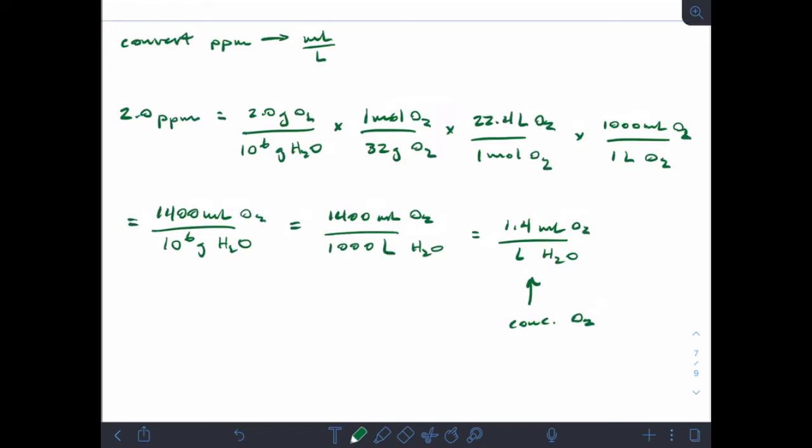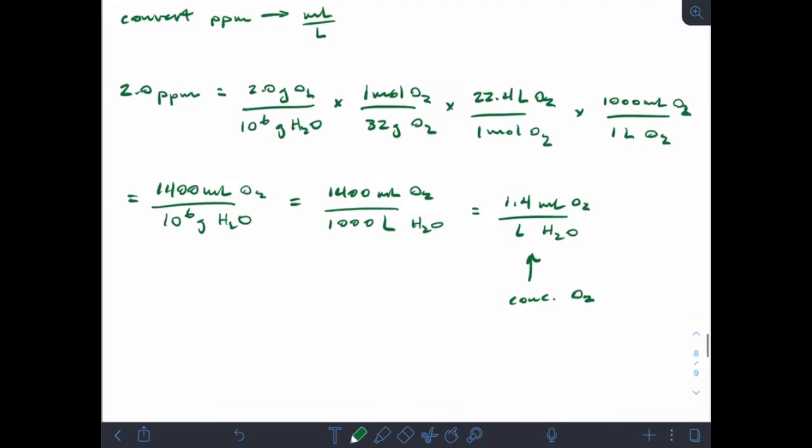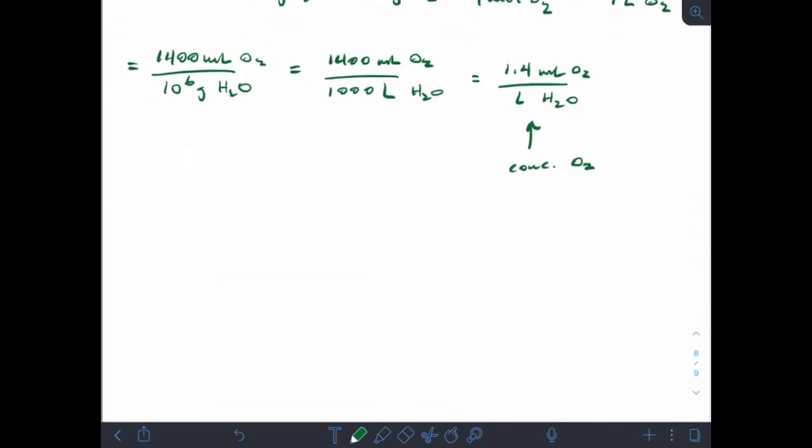Okay, that we want to figure out what pressure do we need in order to maintain that minimum concentration. So our minimum pressure of O2 equals the concentration of O2 over the K for O2. Right?